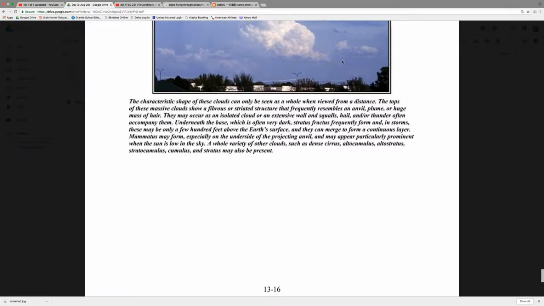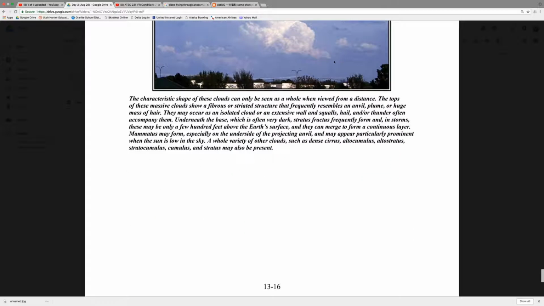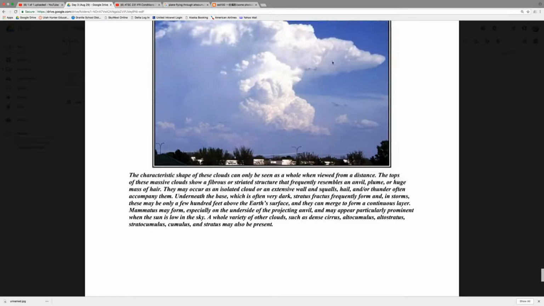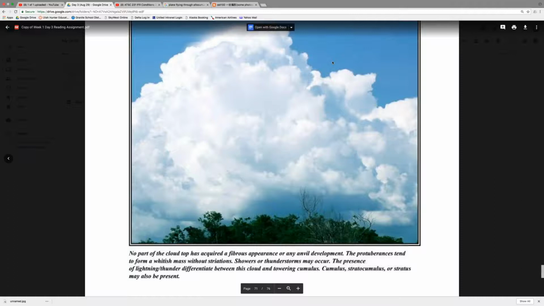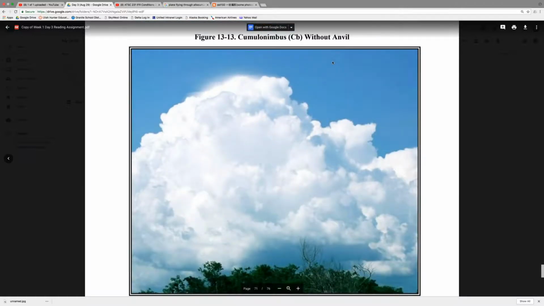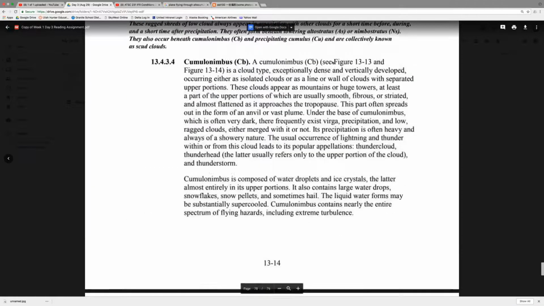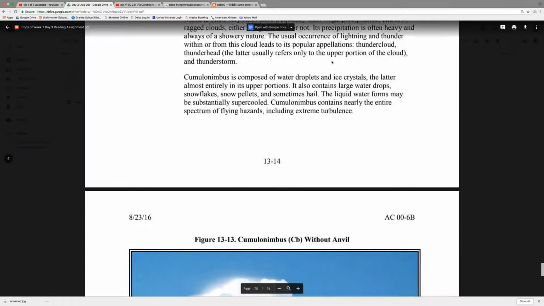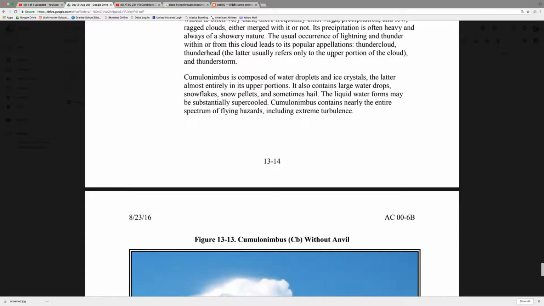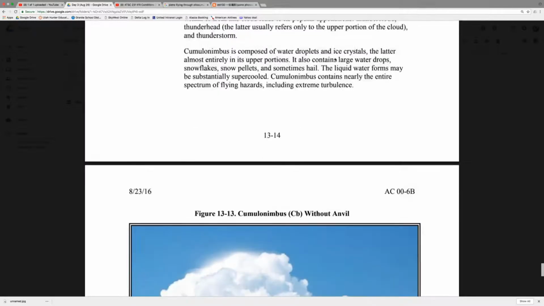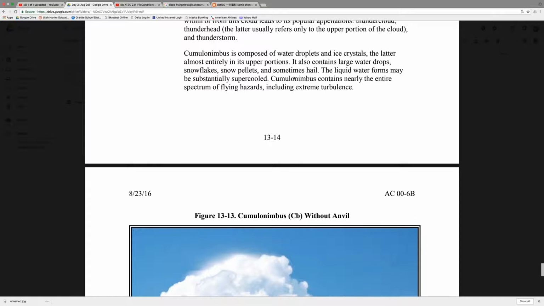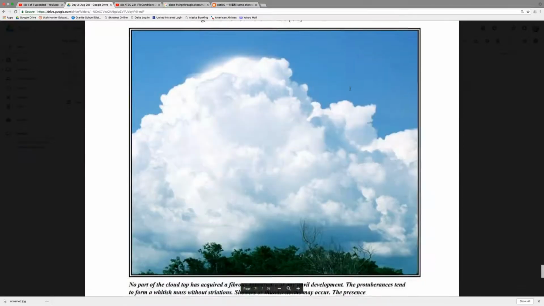These clouds, or these towering cumulus, are so dangerous to fly through that typically air traffic control will keep pilots away by at least 20 miles. Like it says here, Cumulonimbus contains nearly the entire spectrum of flying hazards, including extreme turbulence.